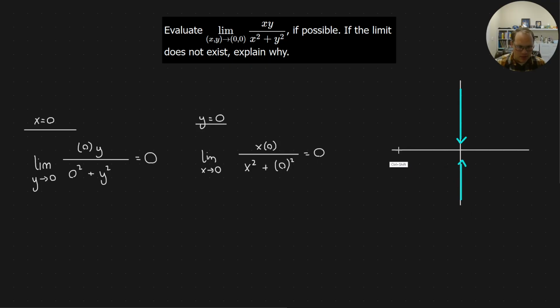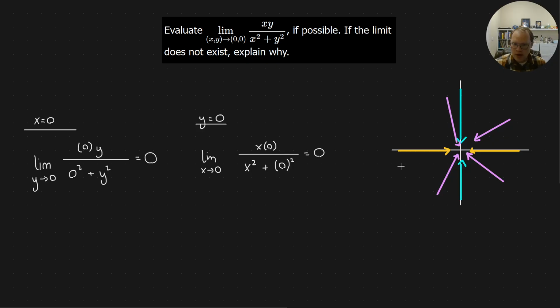And down the x-axis, that's y equals 0. Okay, but we have a lot more ways that we can approach that origin, right? We can approach it this way, or this way, or this way, this way. There's lots of ways we can do this.